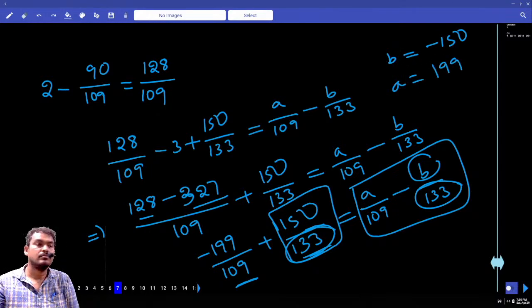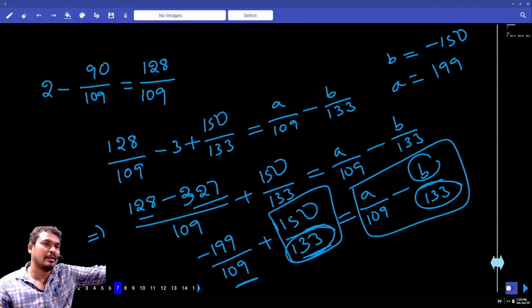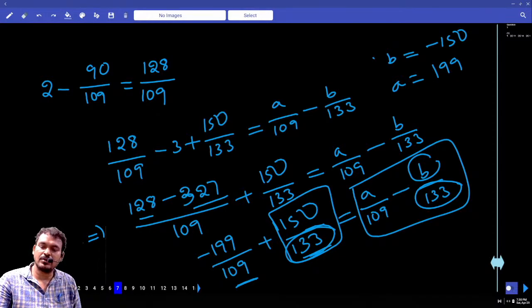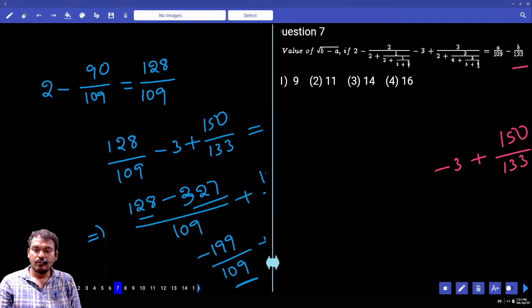A value is 199. On the left hand side it is multiplied by a negative value, and the right hand side also is multiplied by a negative value, so B is minus 150 and A is 199. What is the question here?